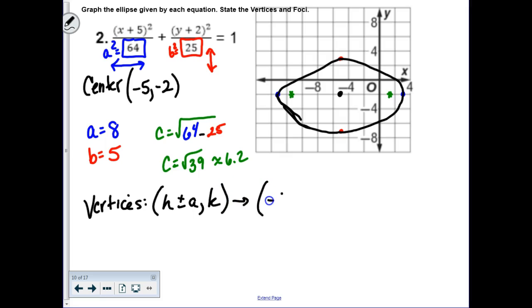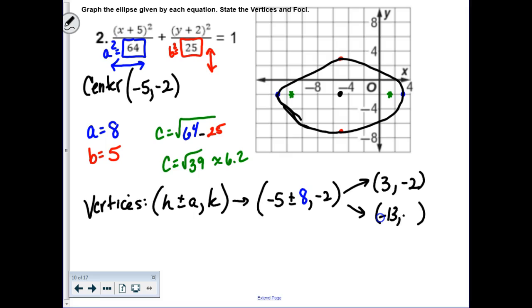So for us, that would be -5 plus and minus 8, comma -2. And again, I would expect you guys to split that up into 2 ordered pairs. So what do we have here? 3 comma -2 and -13 comma -2, which is exactly where I plotted those blue points. Go me.